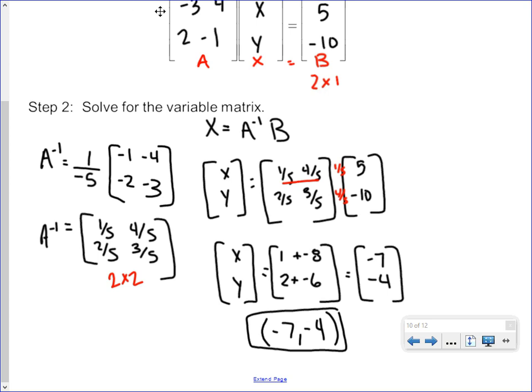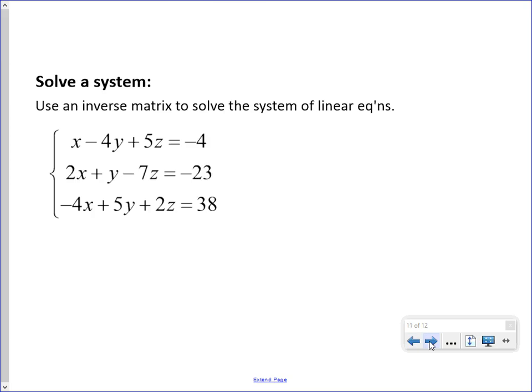Okay, just really quickly, my last example is a 3 variable system of solving linear systems.